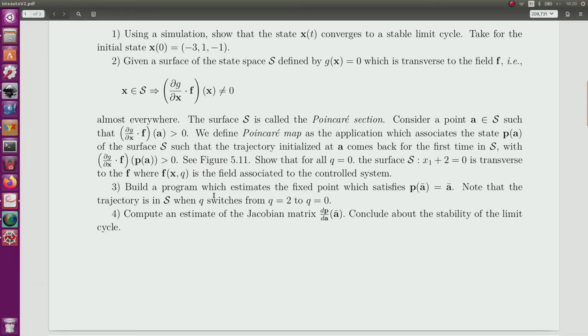Question number 3, I have to build a program with Python, which estimates the fixed point of the Poincaré map. So it satisfies this equation. A remark is when I cross the trajectory, then Q switches from Q equal to 2 to Q equal to 0.